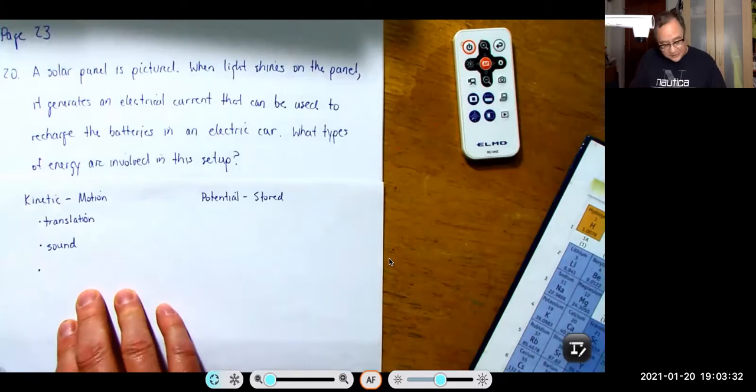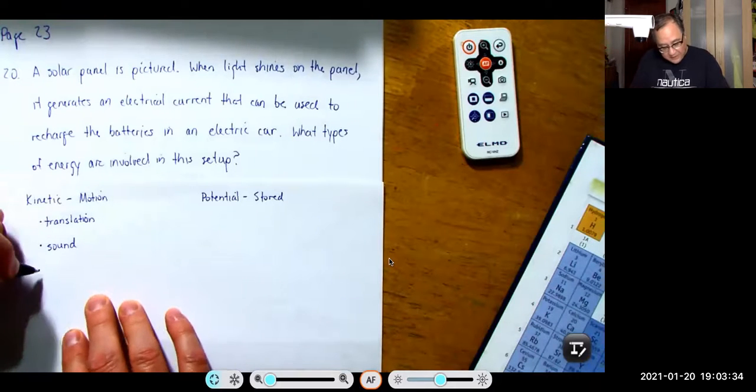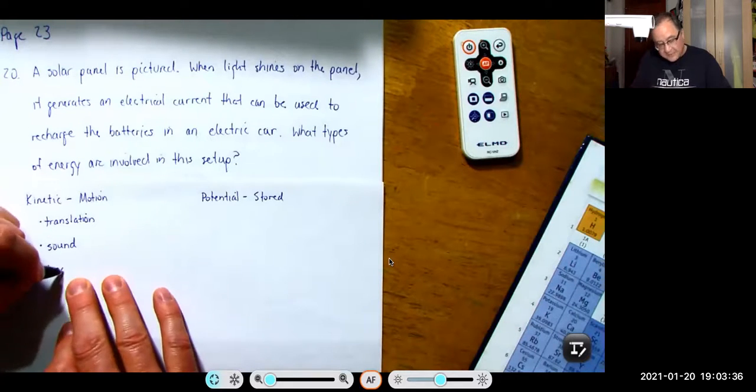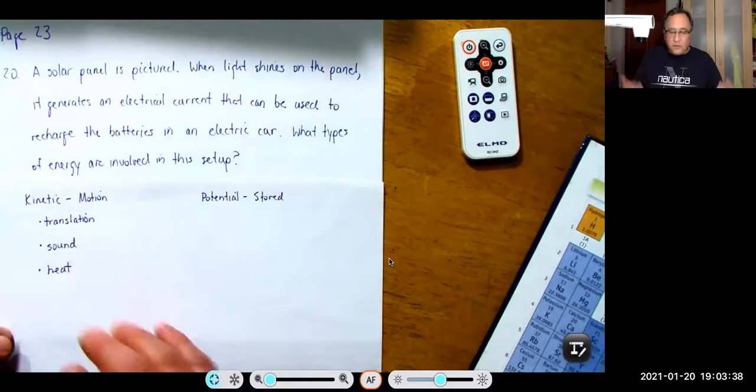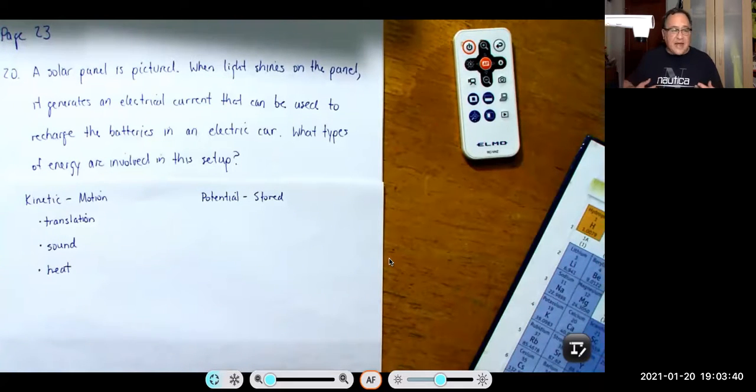Another type of kinetic energy is going to be heat. So heat, in chemistry, we usually think of that as starting with atoms vibrating. They vibrate, and then they vibrate enough so that they start moving relative to one another, but they're still close together. That's a liquid.